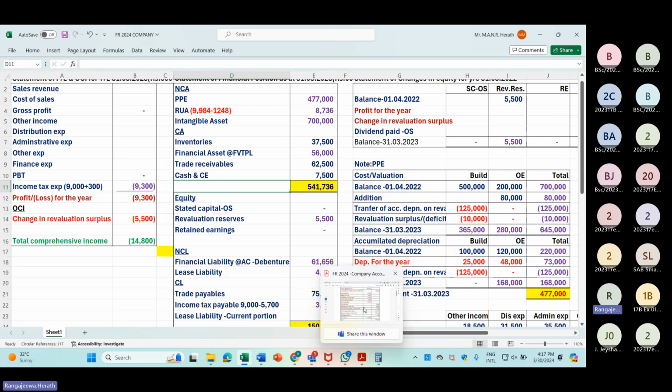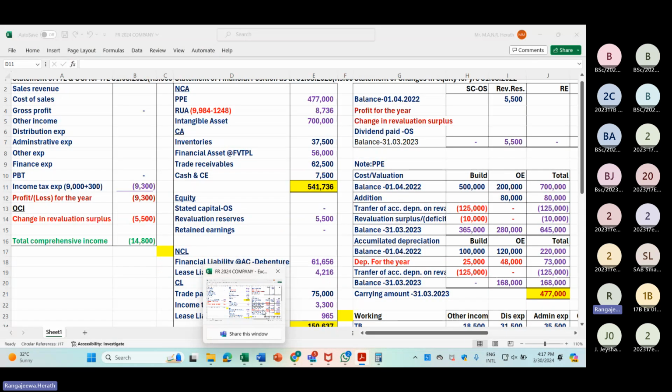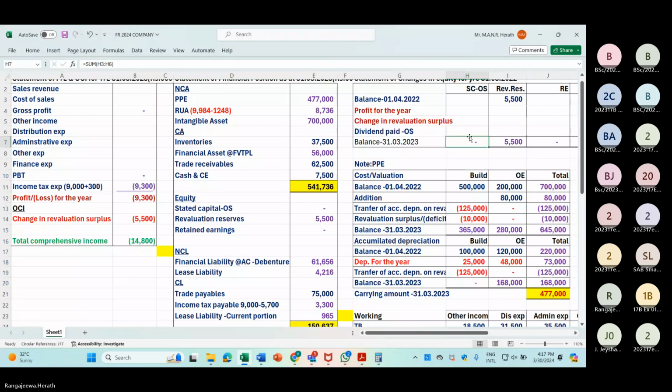And stated capital and retained earning, you can take into the statement of changes in equity: 950,000 and 300,500. Stated capital 950,000 should be the opening balance also.